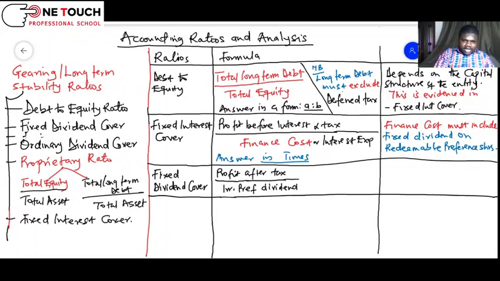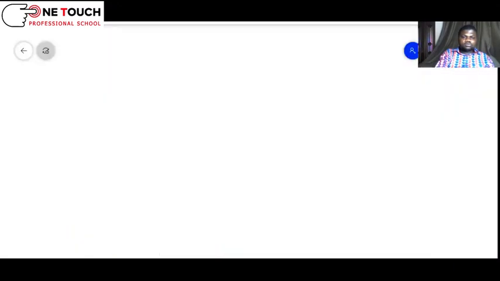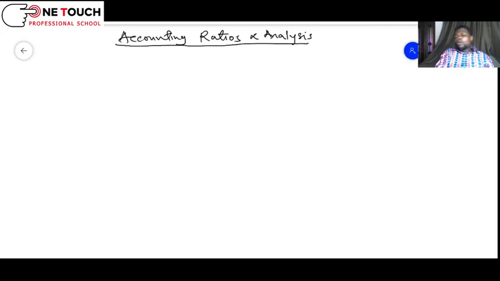Now we look at the proprietary ratios. I think I've already indicated that. That is the total equity over total assets and or debt over total assets. Very simple. So in summary, we have looked at how to compute profitability ratios; two, liquidity ratios.